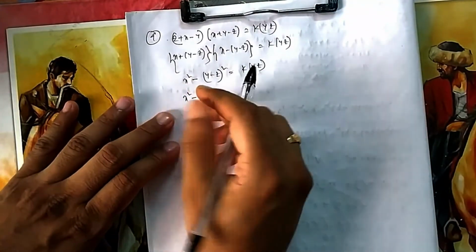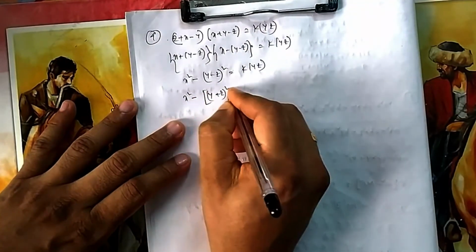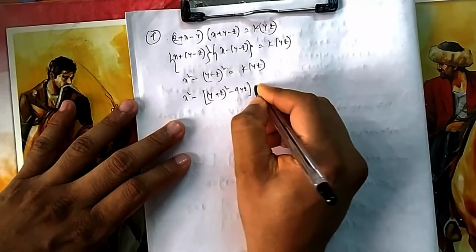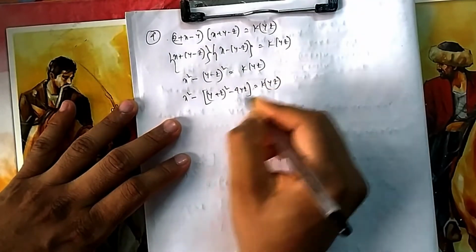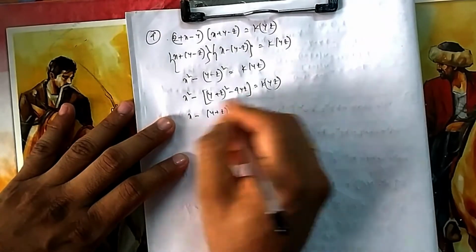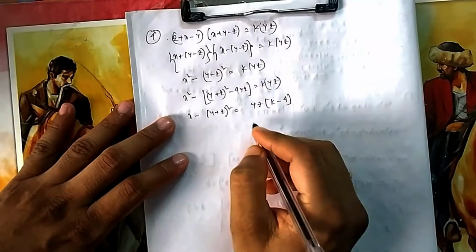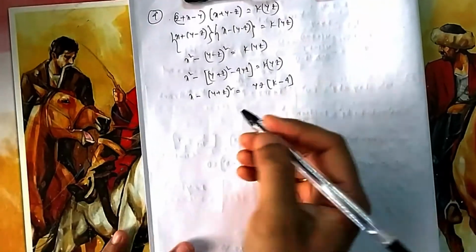I need x plus y plus z this side. So a plus b into a minus b can be written as a plus b whole square minus 4ab. So this side you can write x minus y plus z whole square, and plus 4yz, suppose I have taken that side common, so k minus 4.